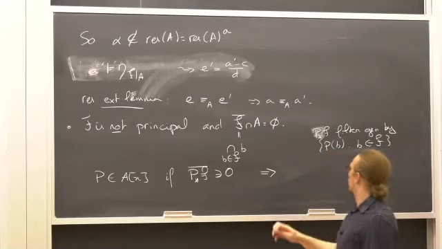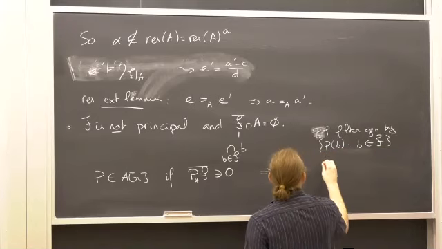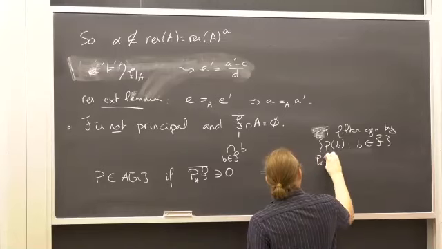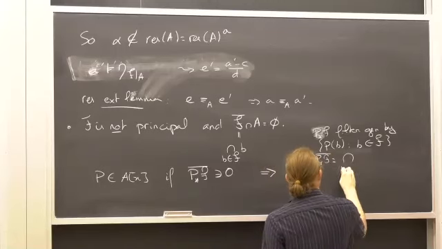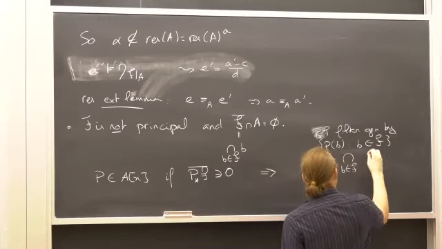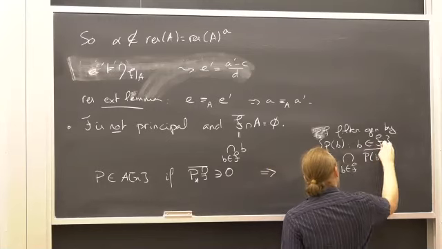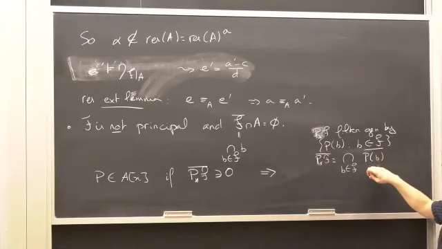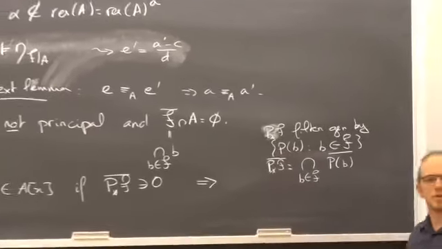And P star F bar is just the intersection for all B in F of P of B, and then I need to take a closure. Although I think this set is closed, so it's okay. But I'll take a closure just to be safe.